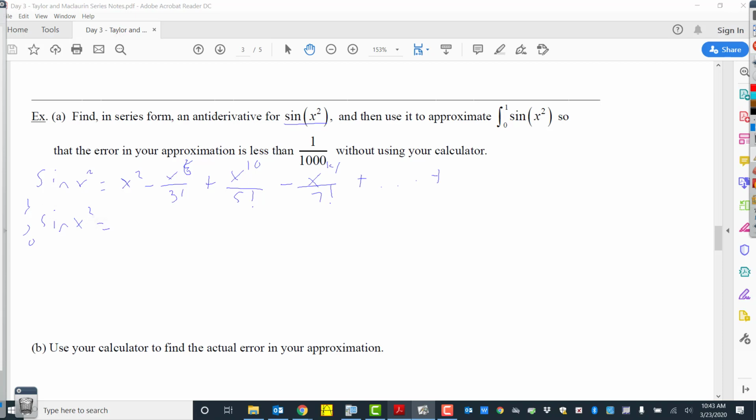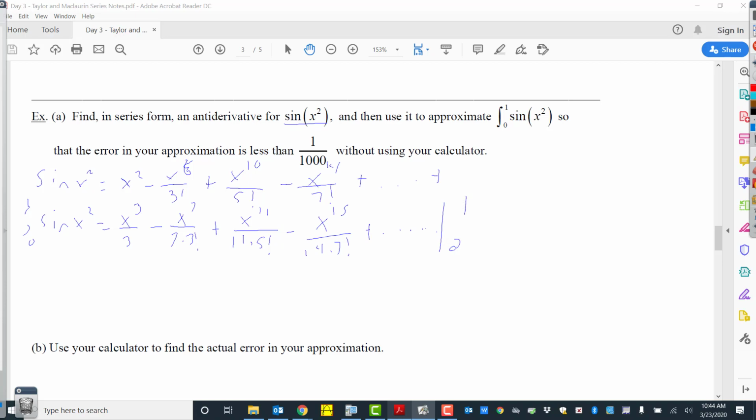So we need to take the integral of x squared, that's x cubed over 3, minus the integral of x to the 6th, that's x to the 7th over 7 times 3 factorial, plus the integral of x to the 10th is x to the 11th over 11 times 5 factorial, minus the integral of x to the 14th, so x to the 15th over 14 times 7 factorial, plus dot dot dot. Alright, keep going on, and we're going from 0 to 1.